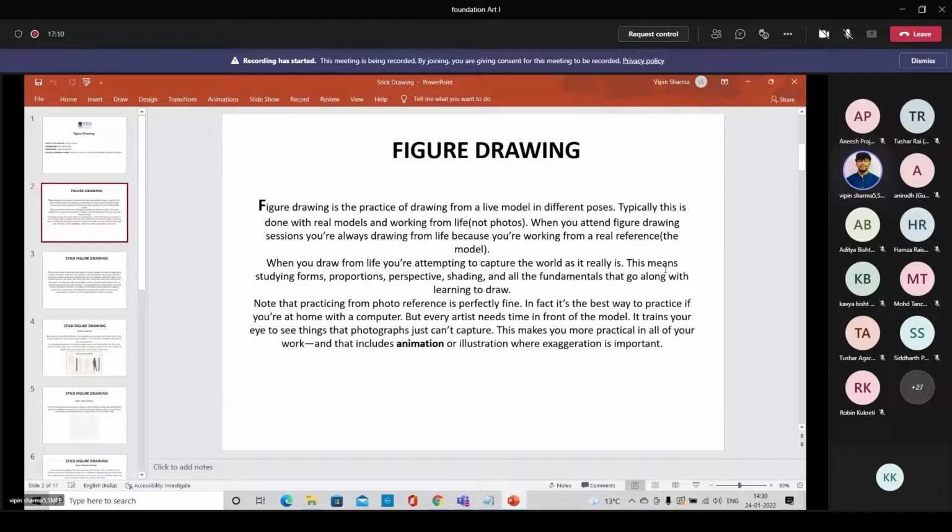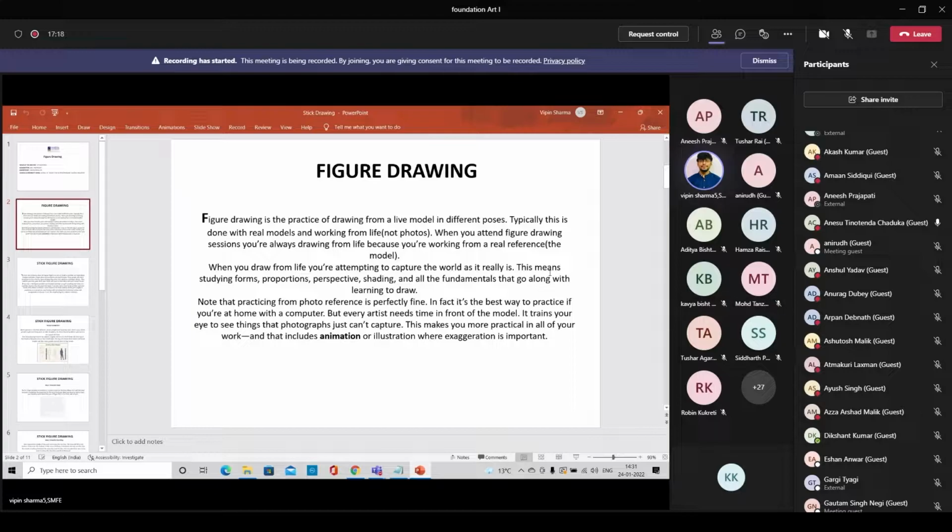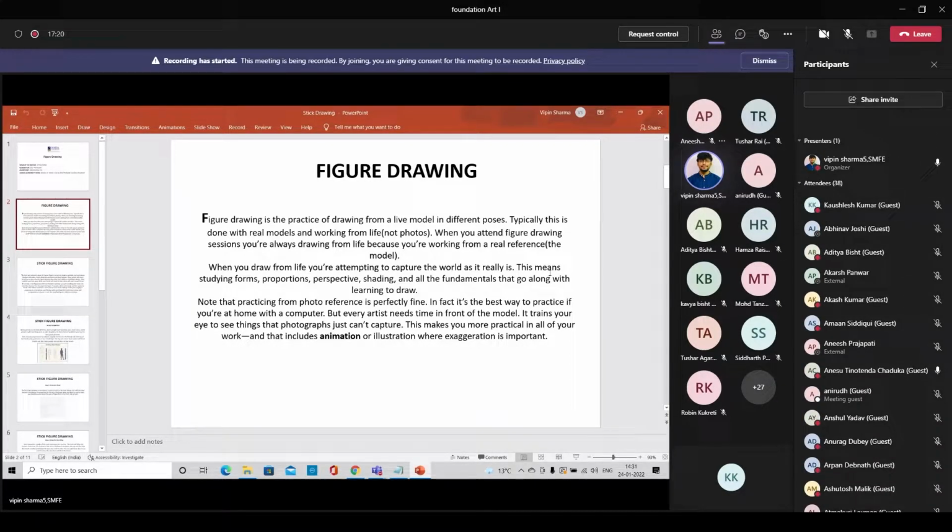In future, if you are a modeler, or you need to design certain characters, animal or human, you need to understand human anatomy, muscles, and proportions. Then you can design a good character or 3D model.